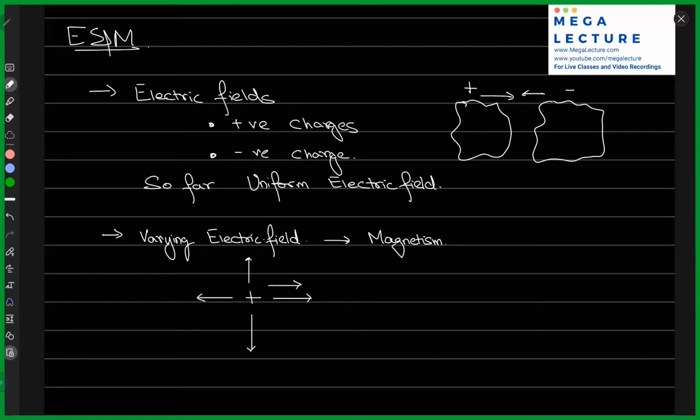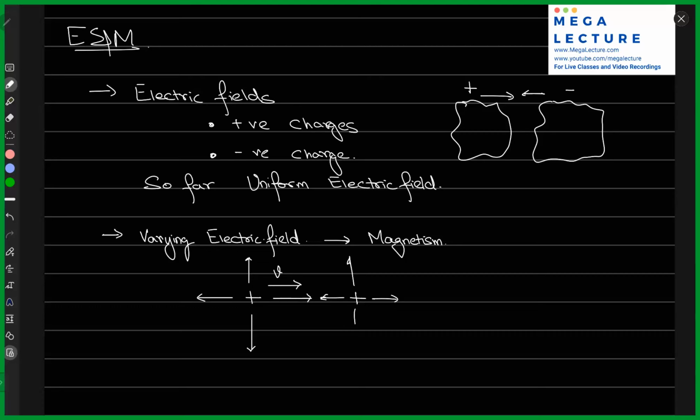Suppose we give this charge a velocity, so the charge starts moving. Now, if the charge is moving, then there is a changing electric field. At every point, obviously, the electric field will start changing. So now when it comes over here, there will be some electric field over here.